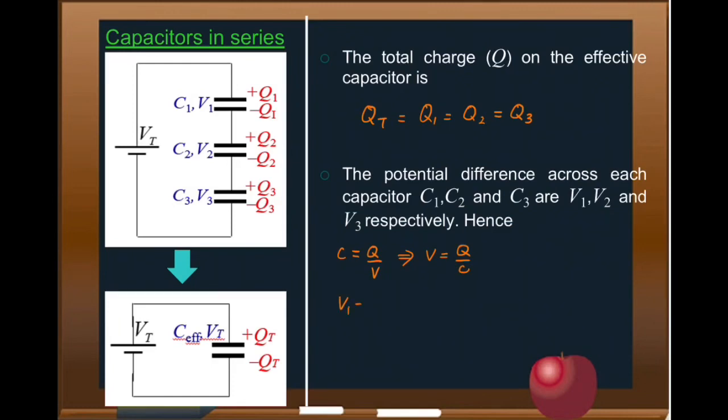V1 will be Q1 over C1, and then V2 will be Q2 over C2, and V3 will be Q3 over C3. And we can also write down the expression for the total voltage, which will be Vt equal to the total charge over C_eff.